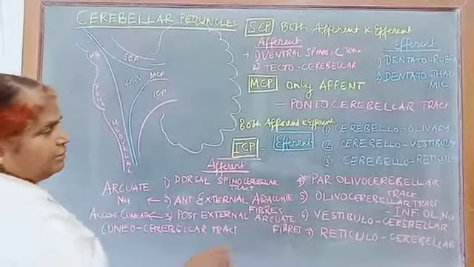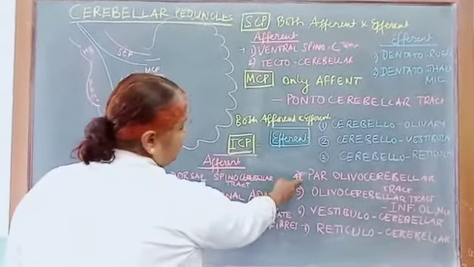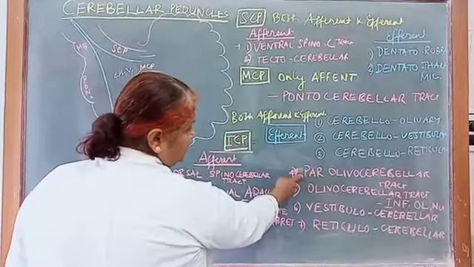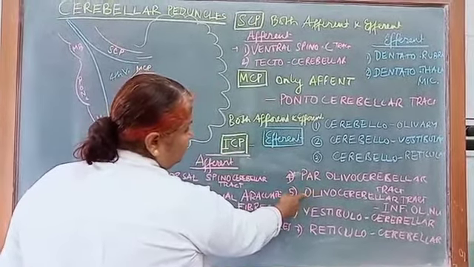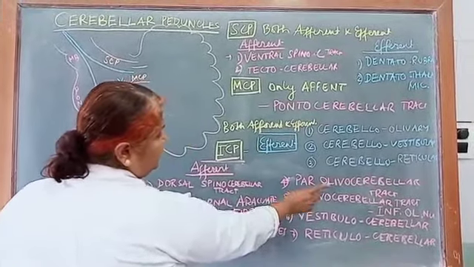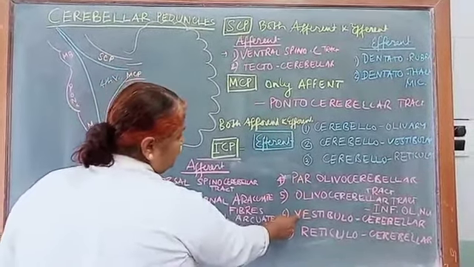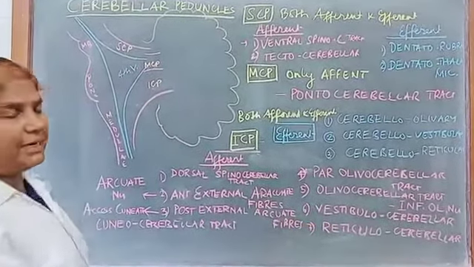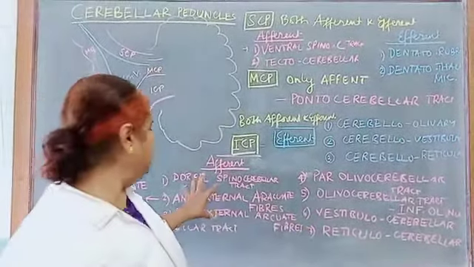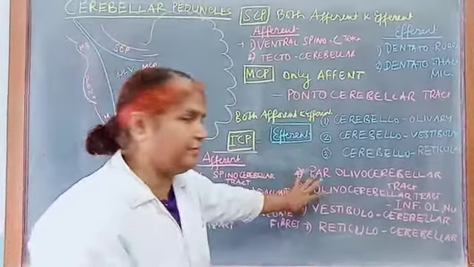Locally from the medulla there is the olivary nucleus. This is the paraolivocerebellar tract, from the accessory olivary nucleus. Then there is the olivocerebellar tract, from the inferior olivary nucleus. Then the vestibulocerebellar tract from the vestibular nucleus and the reticulocerebellar tract from the reticular nucleus. So these are the main afferent fibers, altogether 7 in number.